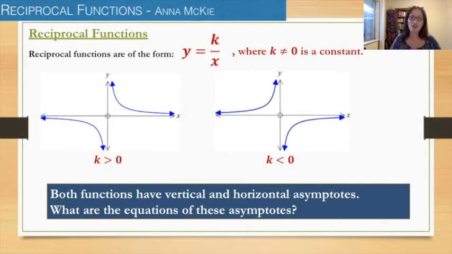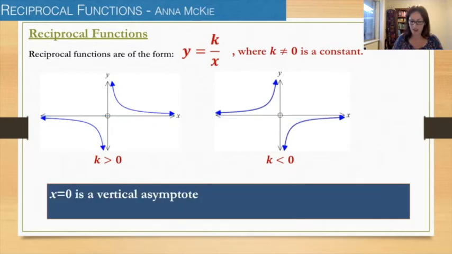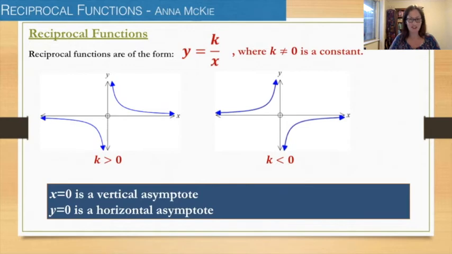And so all horizontal lines that cut through the y-axis have the equation y equals. But in this case we're after the asymptote, so we can see that the asymptote is the actual axis, the x-axis. And what is the y-coordinate at the x-axis? It's 0. So I've said that y equals 0 is the horizontal asymptote.